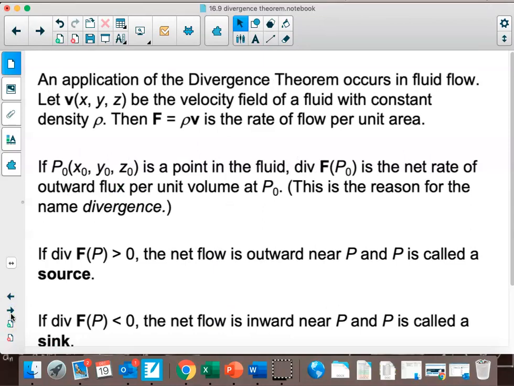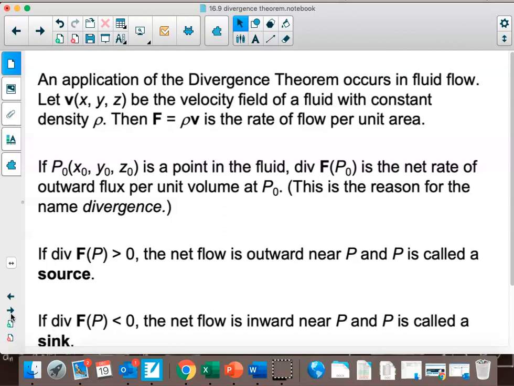Okay, so an application of the divergence theorem occurs in fluid flow. We talked about this yesterday with an application of Stokes' theorem. Let V be the velocity field of a fluid with a constant density rho. Then F equals rho V is the rate of flow per unit area.